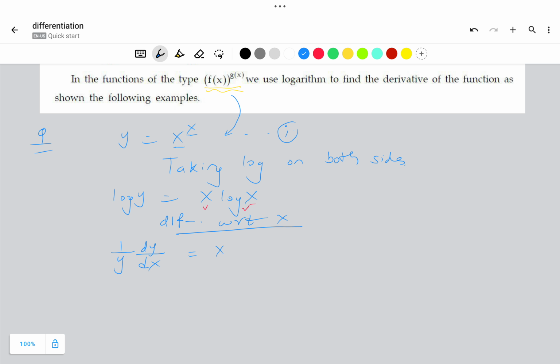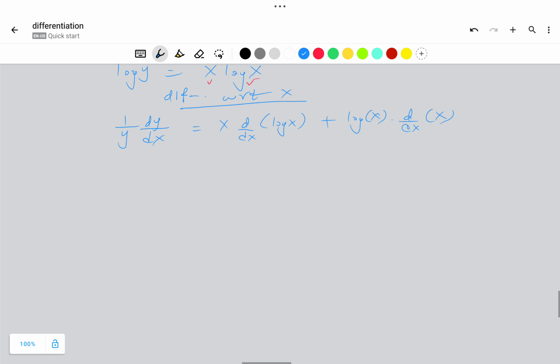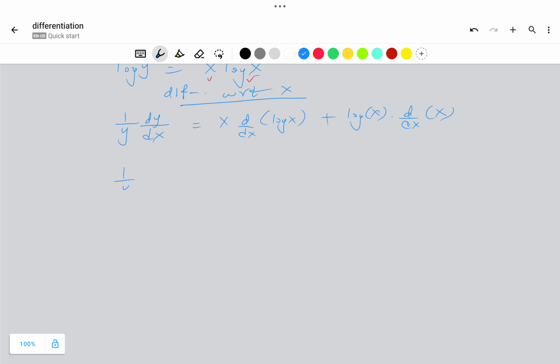So x as it is, derivative of log x, plus log of x as it is, derivative of x. So 1 upon y dy by dx is equal to x into the derivative of log x, which is 1 upon x, plus log x as it is, and the derivative of x is 1.